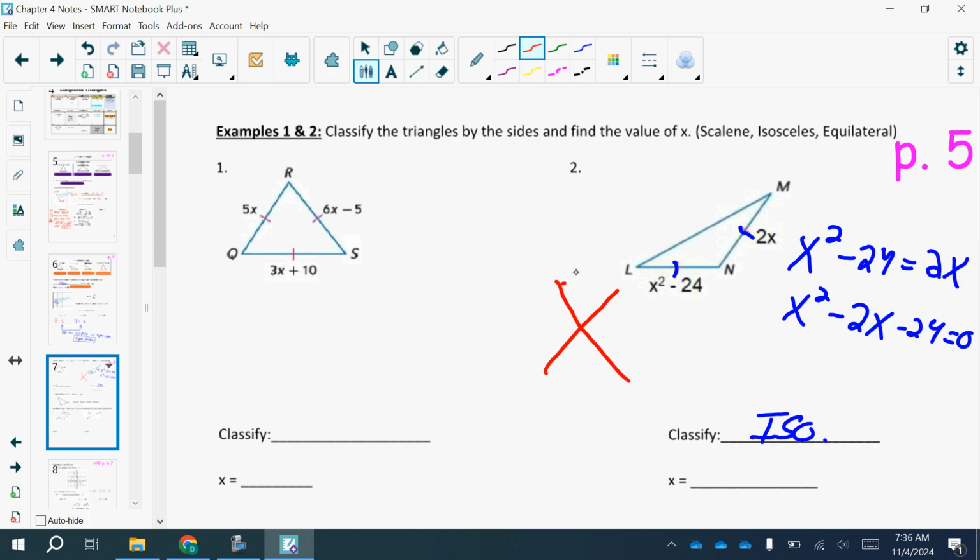We need two numbers that multiply to be negative 24 and add to be negative 2. It's going to be negative 6 and 4. So we can rewrite the left-hand side like this: x minus 6 times x plus 4 is equal to 0.